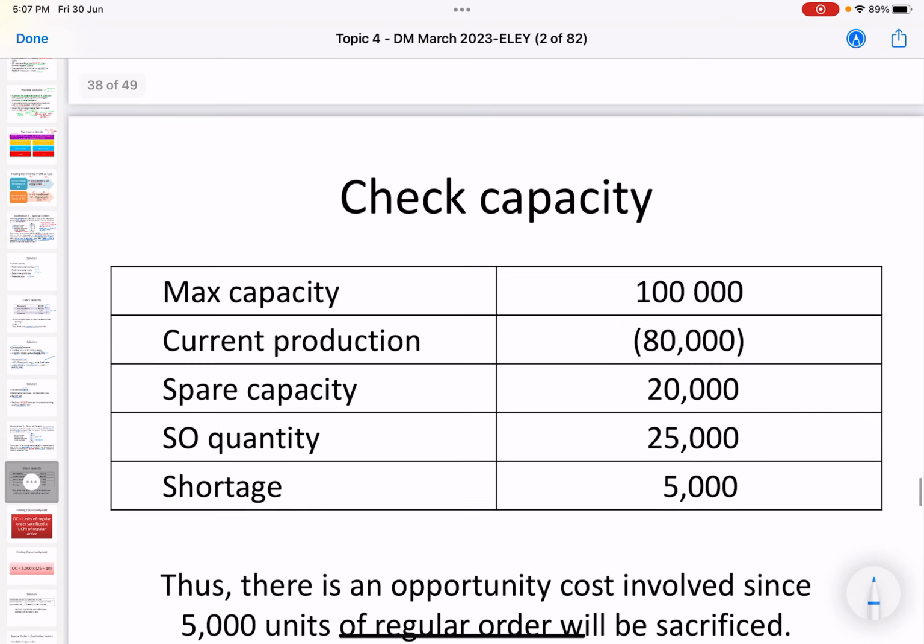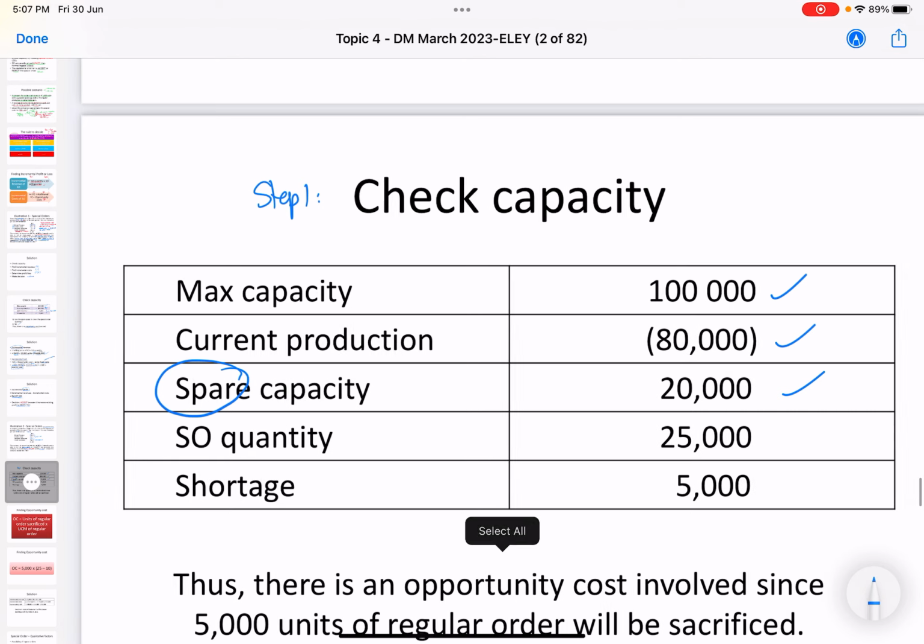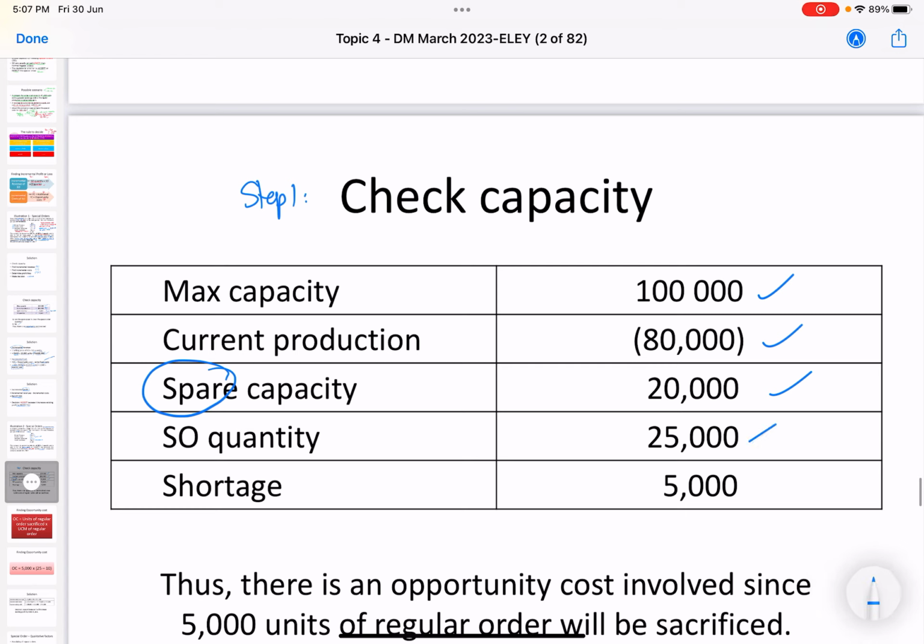So first step, check capacity. Maximum 100,000. Currently they're producing 80,000. So spare capacity is only 20,000. The special order quantity will be given the priority, which is 25,000. Therefore, there will be existing production being reduced of 5,000.